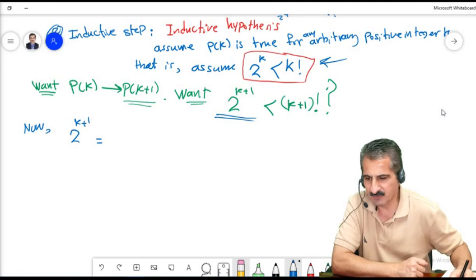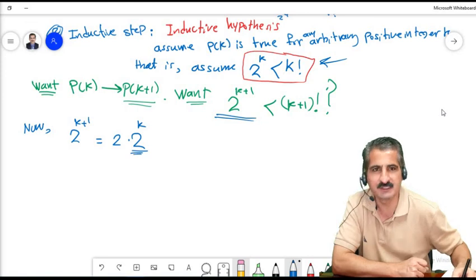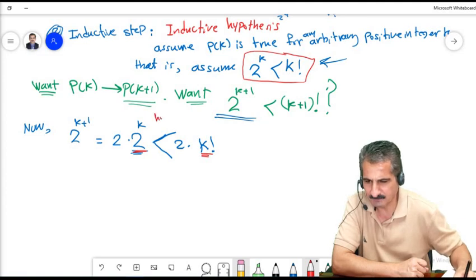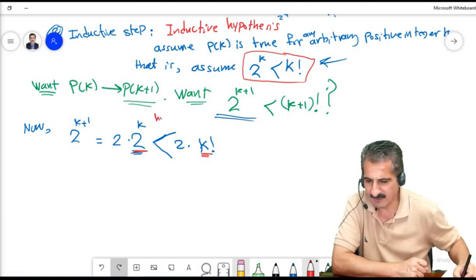So that will be 2 times 2 to power k. This comes from P of k. And now this is less than 2 times k factorial. Okay, how do we know that? Because 2 to power k is less than k factorial by the inductive hypothesis.